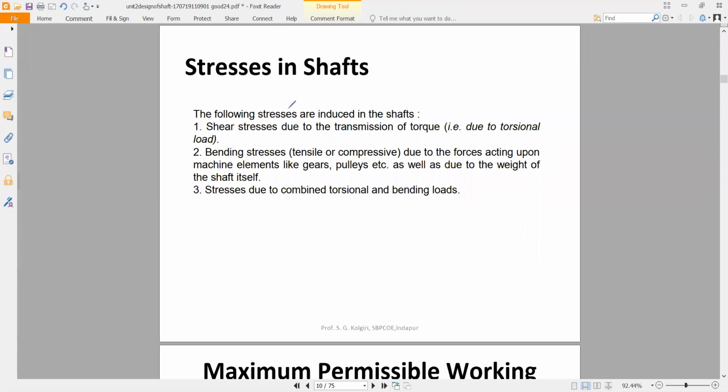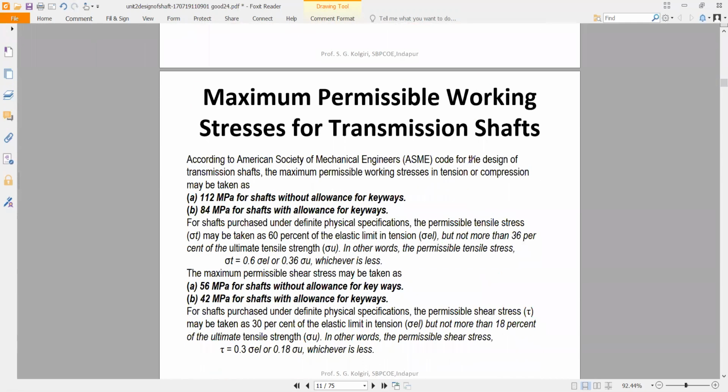The stresses in the shaft may be shear stress from transmission of torque, bending stress, or a combination of both. Bending normally applies to gears, pulleys, and so on. This is an example. The standards specify a maximum, with allowance for the key.